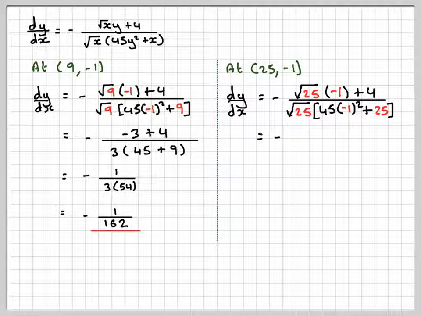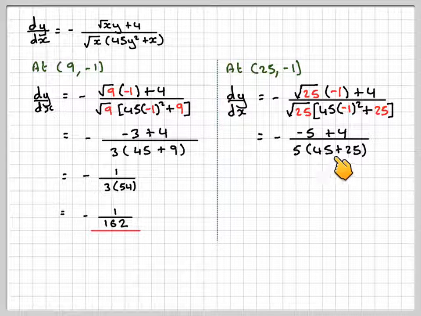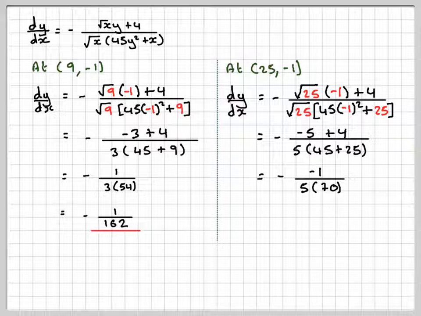So that's going to give minus 5, because root 25 times minus 1 gives me minus 5, plus 4. 5 times 45, because minus 1 squared is positive, plus 25. Right, so we're going to get minus 1 from here. We've still got that minus sign out here. And we're going to have 5 times 70. Minus 1 will give me plus, so we're going to get 1 over 350.